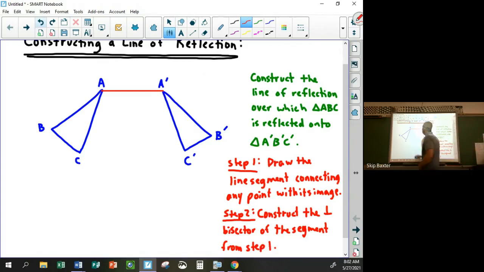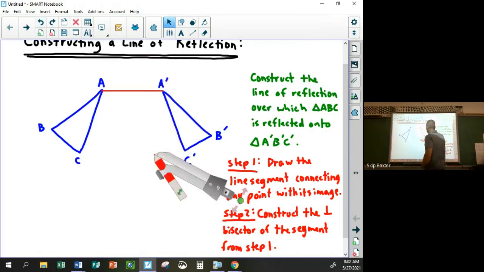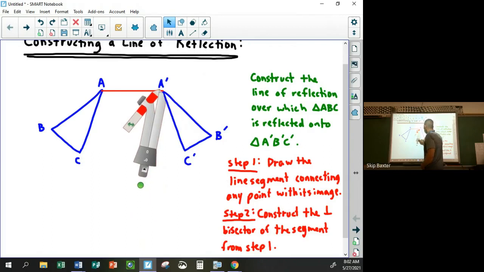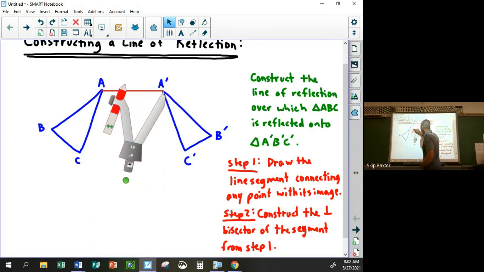Okay, so remember that construction is you take your compass, you open it more than halfway, right? You put the point of the compass at one endpoint, you open the compass more than halfway, and you draw an arc.